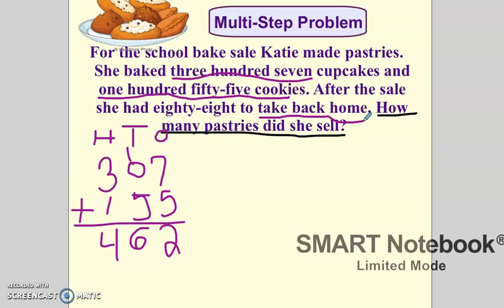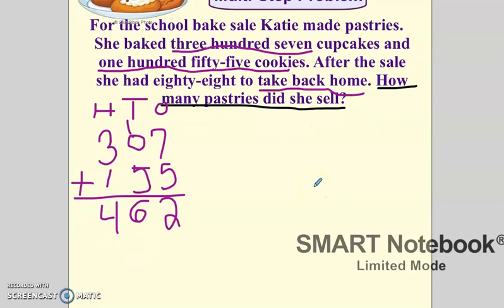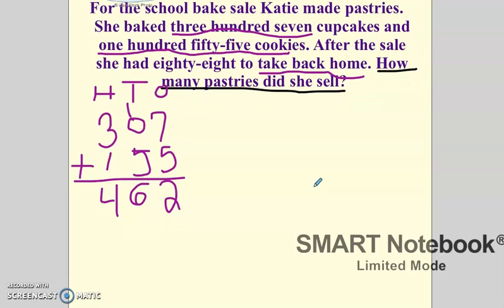So, what two numbers are we subtracting, my friends? Our sum and 88. You got it. So, let's write that up. 462 minus 88.